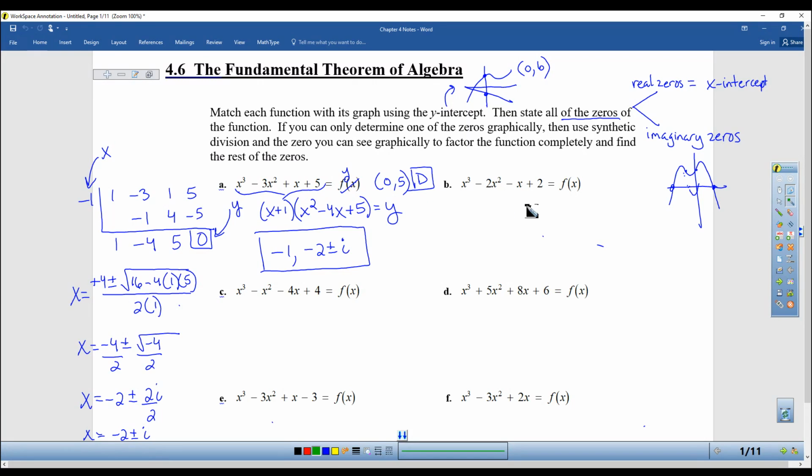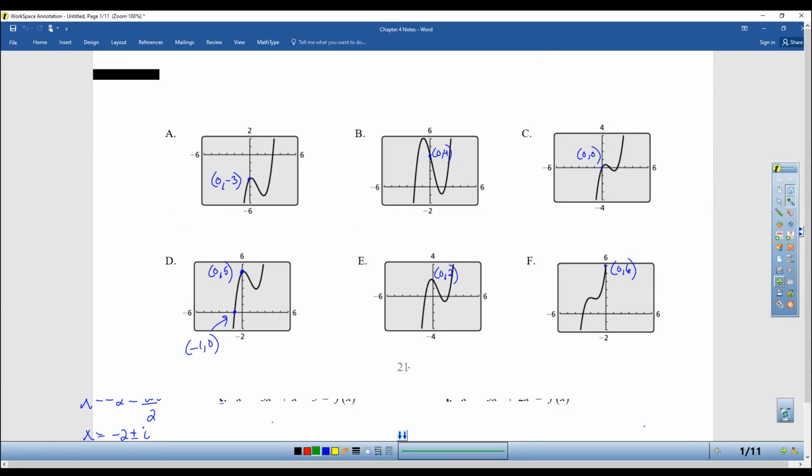So letter B, my y-intercept, if I plug an x in, everything is 0 except the 2. So I get (0, 2). I look over at my graphs and I see, where's the (0, 2)? E is (0, 2).